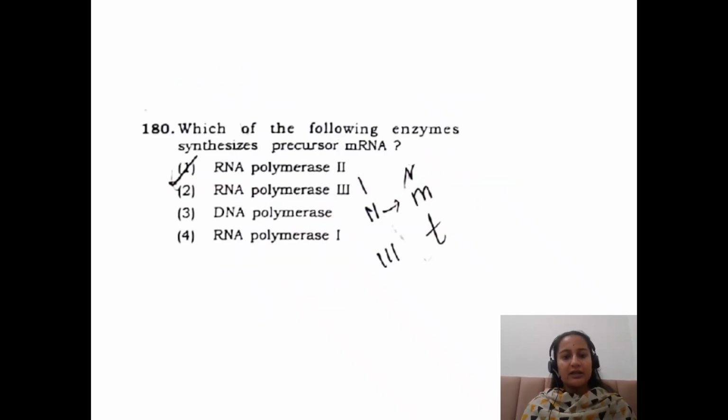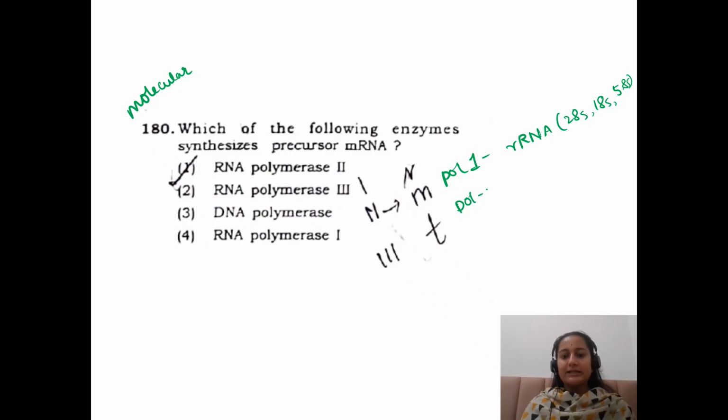Which of the following enzymes synthesizes the precursor of mRNA? This question is from molecular basis of inheritance. And we have the three polymerases mentioned over there: RNA polymerase 1, 2, 3. Polymerase 1 is for rRNA synthesis, that is 28S, 18S as well as 5.8S.